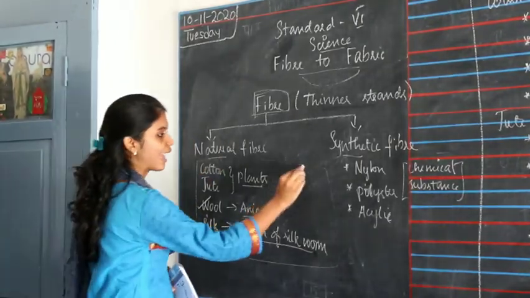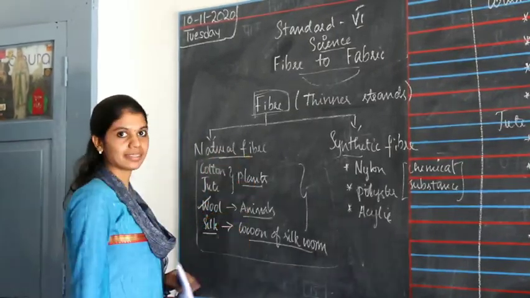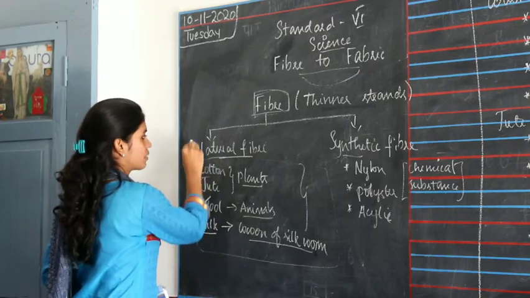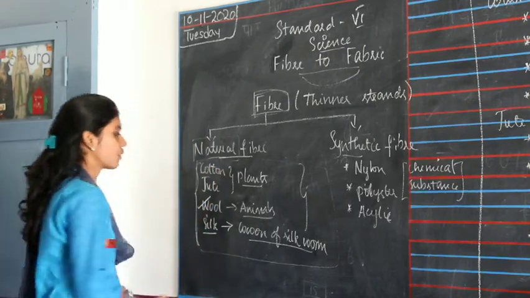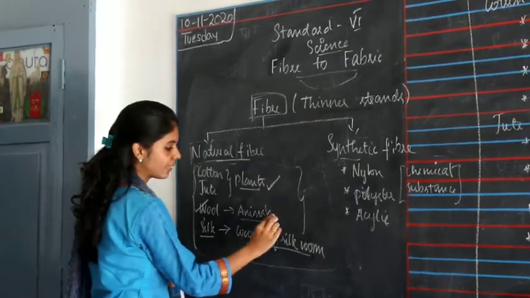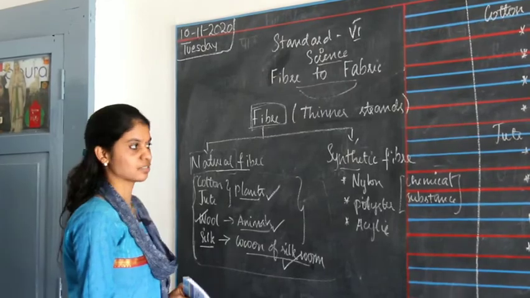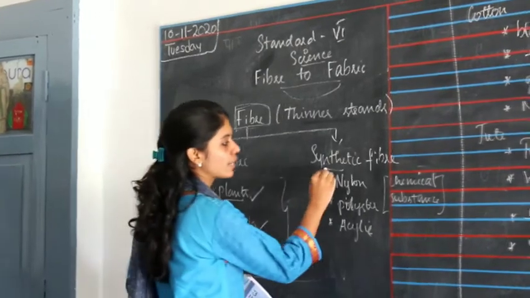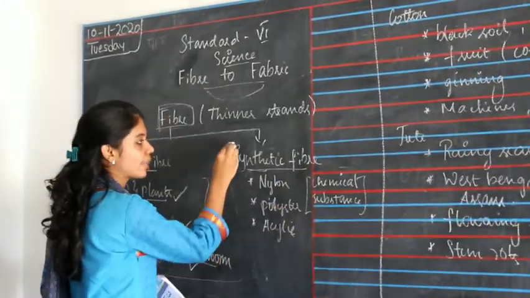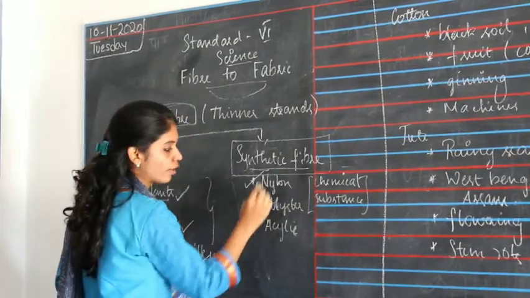These are the natural sources of natural fibers, and that's why we call them natural fibers, because all of these things are obtained from natural sources like plants, animals, and cocoons of silkworms. They are all natural things, right?